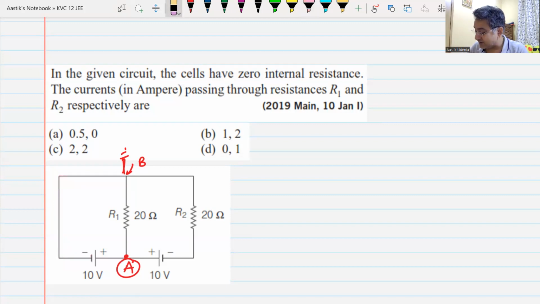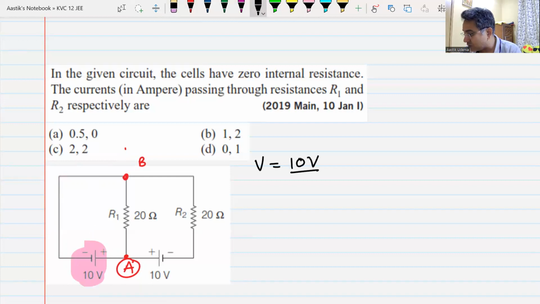Since there is no resistance here, this diagram is similar to the one where the potential drop between A and B is given to you beforehand, and that potential drop is 10 volt. So VA minus VB is already given to you. So you know the value of V straight away.